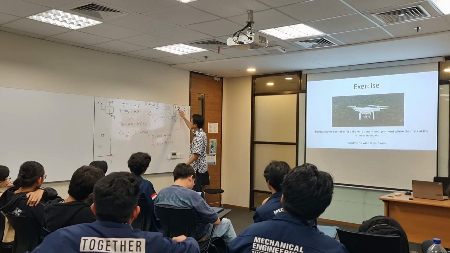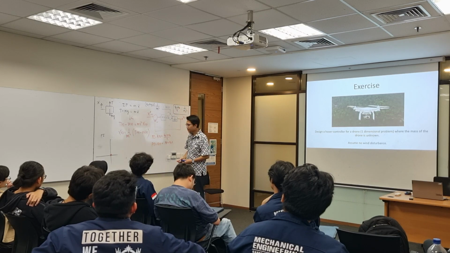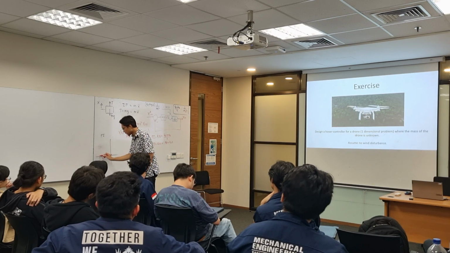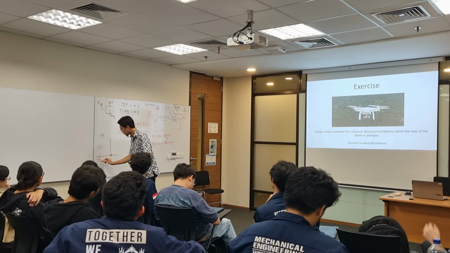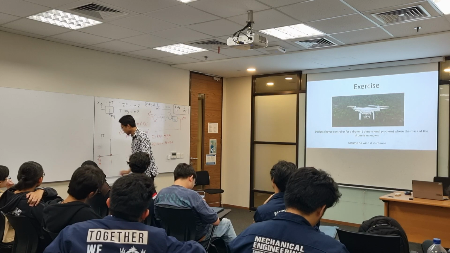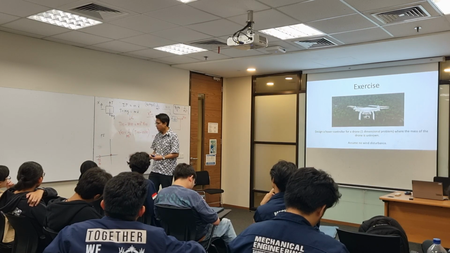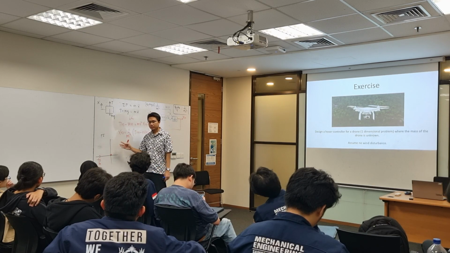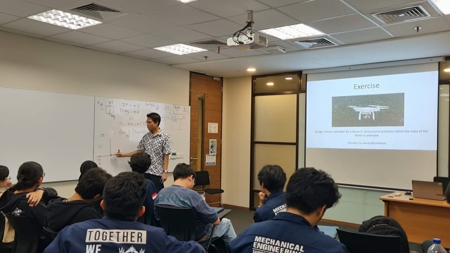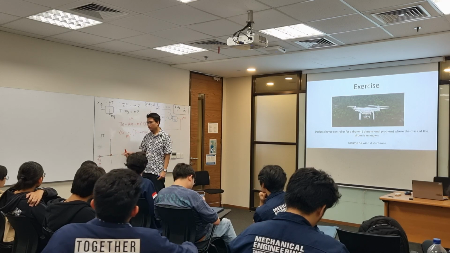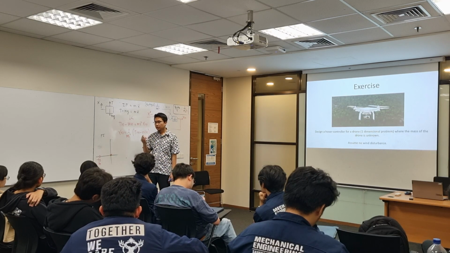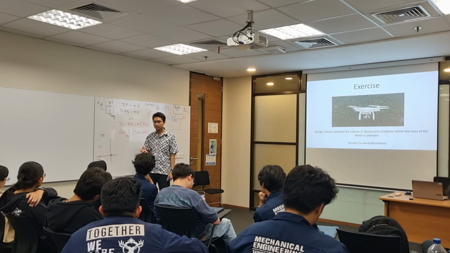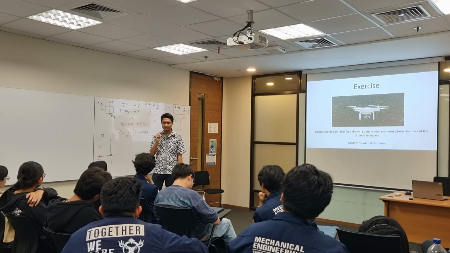How many open loop zeros? One, which is at negative KI over KP. So 3 open loop poles, and then 1 open loop zero. In that case we will have 3 minus 1 asymptotes. So we have 2 asymptotes.